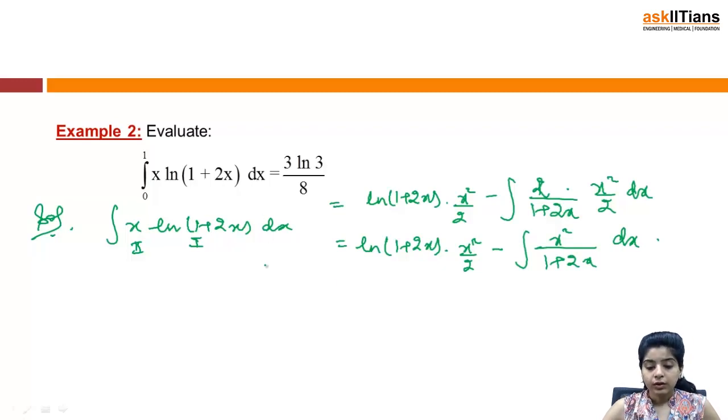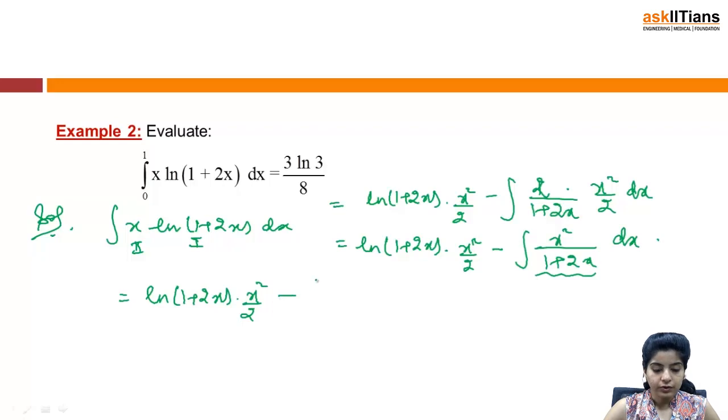Now how do you compute this integral? You can use partial fractions, and so this can finally be written as minus the integral of (x by 2 minus 1 by 4 plus 1 by 4 times 1 by (1 plus 2x)) dx, right. This is what I get.